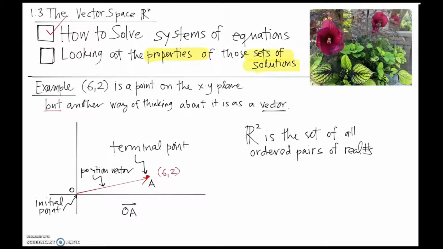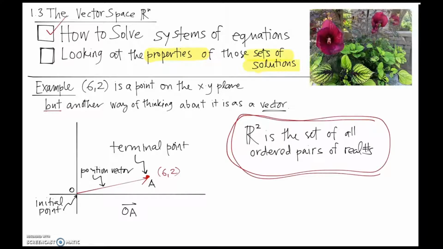So R2 is the set of all ordered pairs of real numbers. Any two real numbers in an ordered pair is a member of this set.